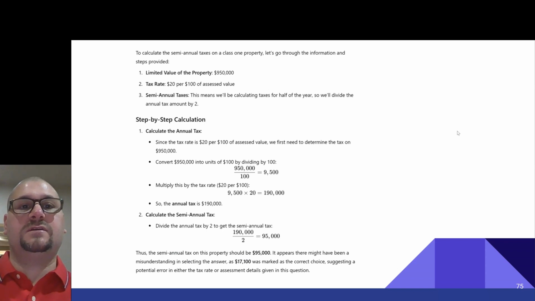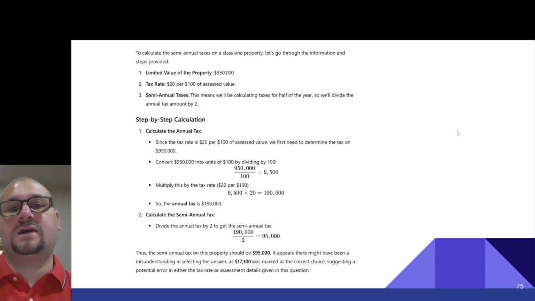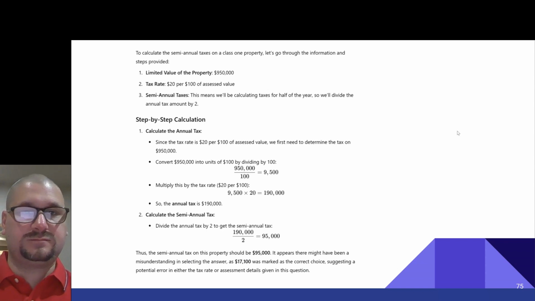The limited value of the property is $950,000. The tax rate is $20 per $100 of assessed value. Semi-annual means we'll be calculating taxes for half of the year.